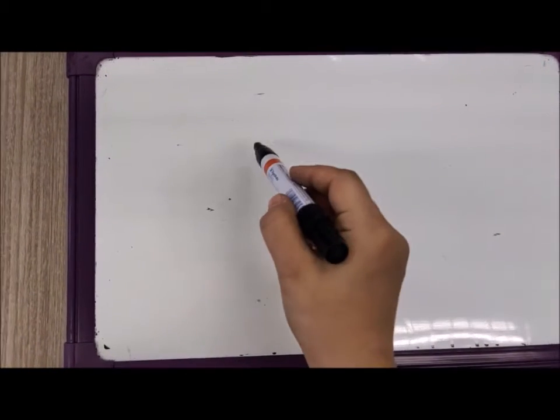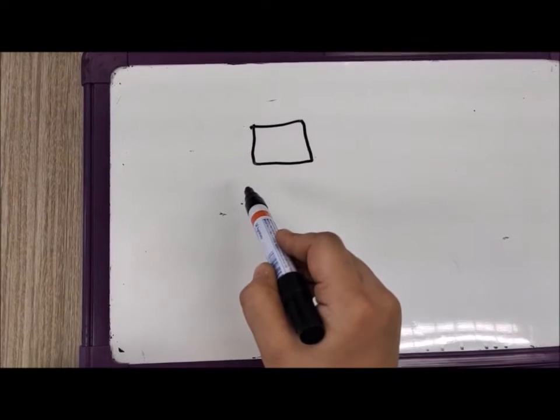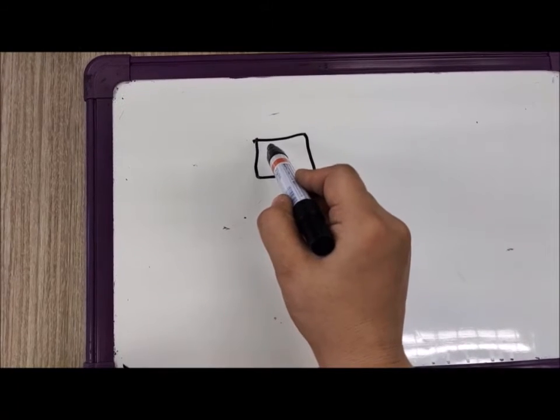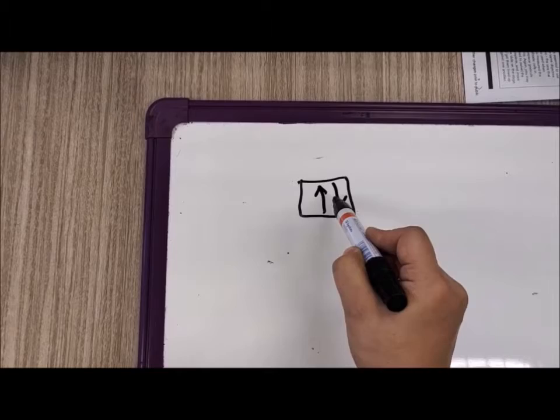The next one is that each orbital can only have up to 2 electrons, but these 2 electrons need to be in opposite directions. They cannot be in the same direction.